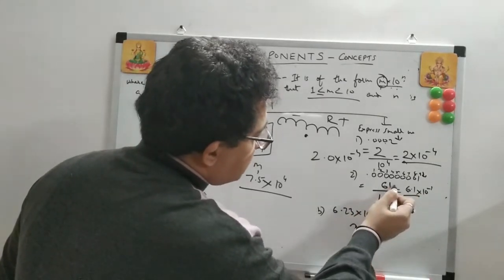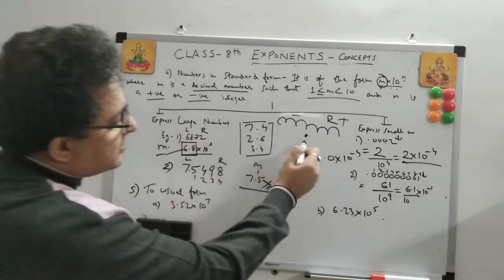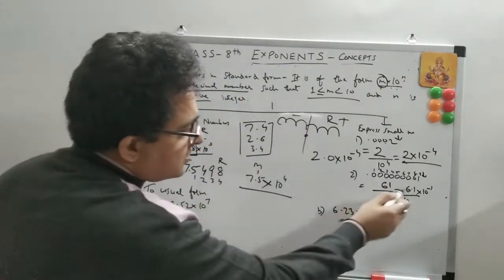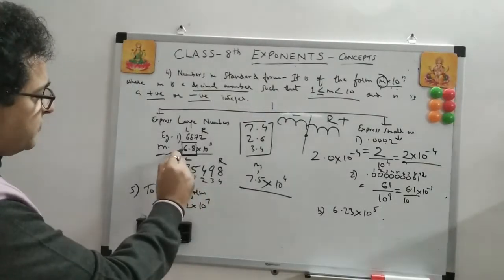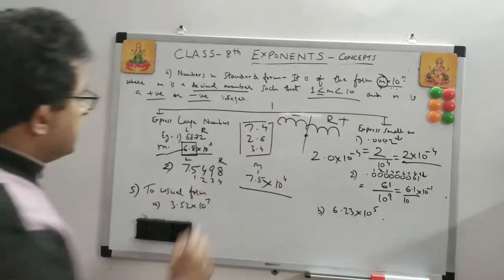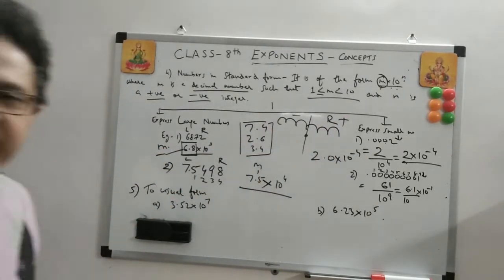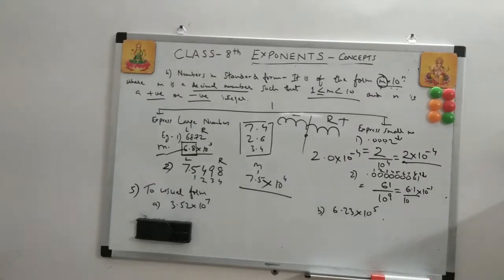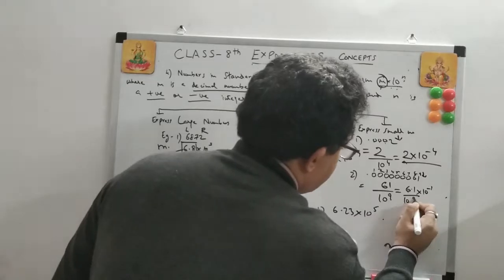Always the decimal has to be in this form: 6.8, 7.5, 3.5 like this. This is the standard form, right? So 6.1 into 10 to the -1, and this is 10 to the 9.